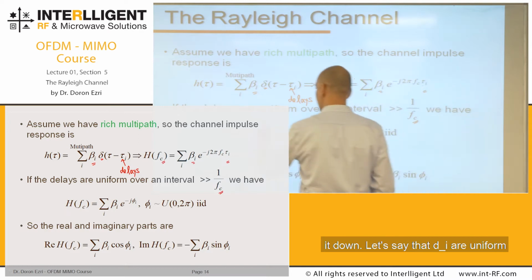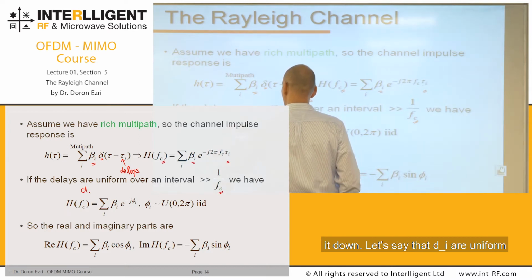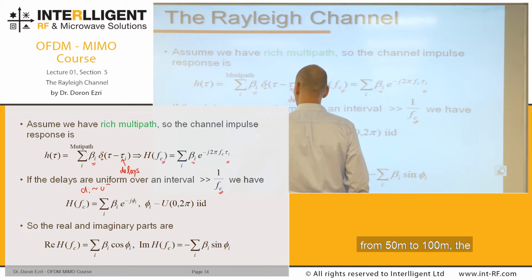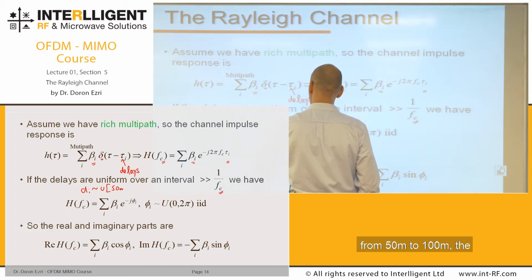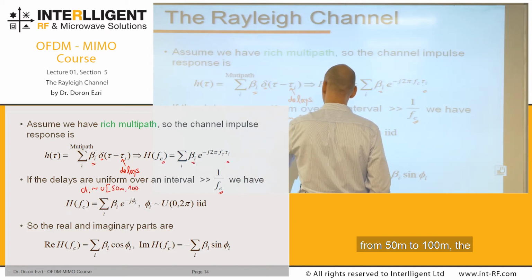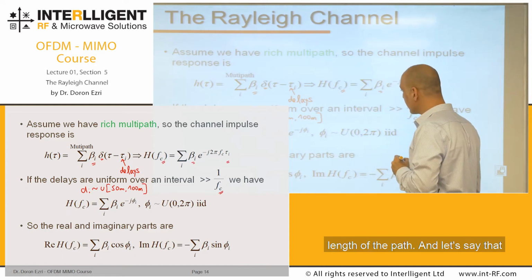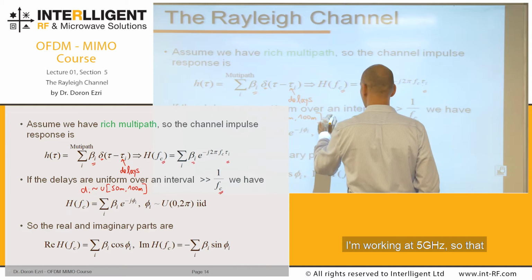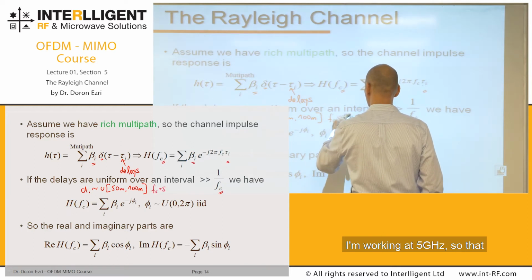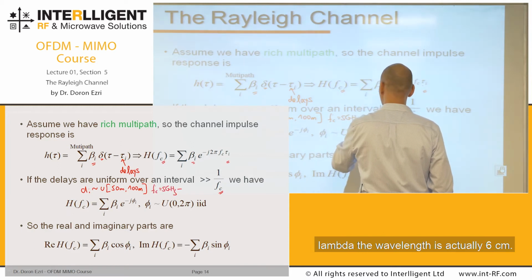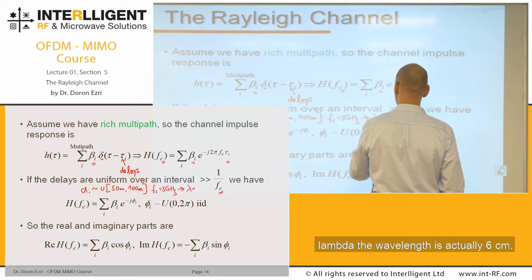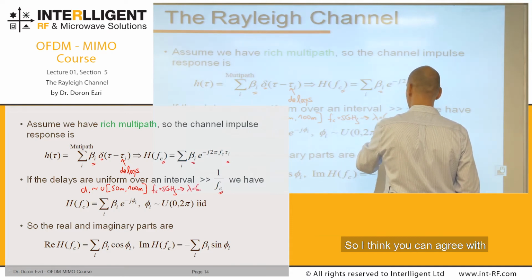So let's write it down. Let's say that d i are uniform from 50 meters to 100 meters, the length of the path. And let's say that I'm working at 5 gigahertz, so that lambda, the wavelength, is actually 6 centimeters.